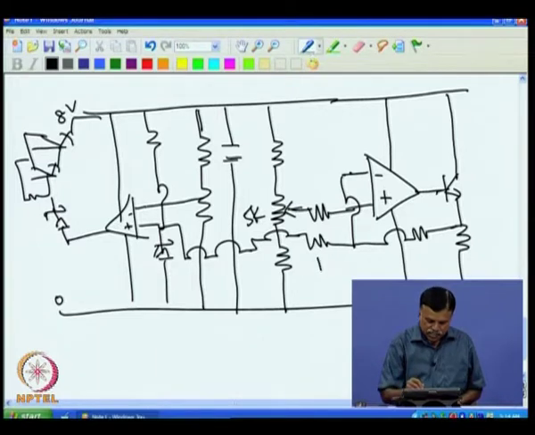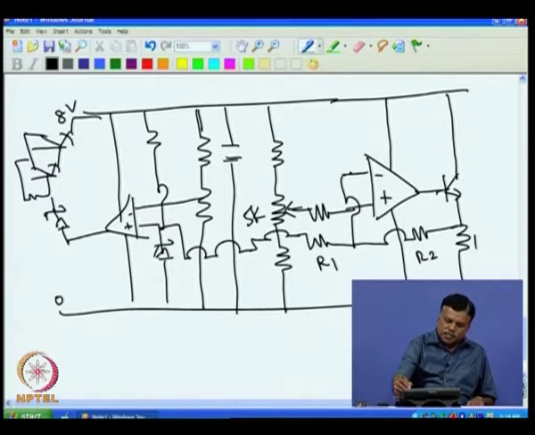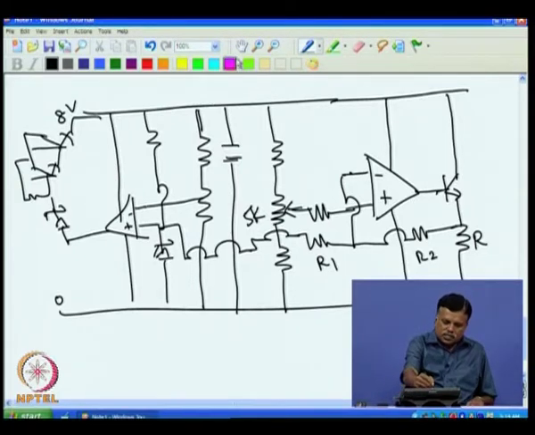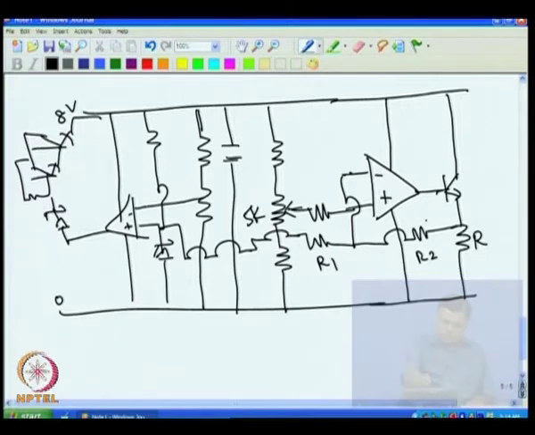For example, I take this one as R1, this R2, and this is the main resistor, R. By suitably selecting R, R1 and R2, we can make it such that when the potentiometer is at this point the total current is 4 milliampere, and with the potentiometer at the other end, the total current is 20 milliampere.